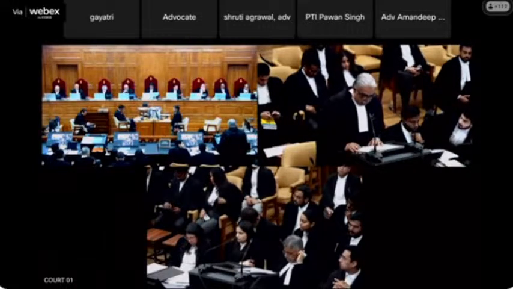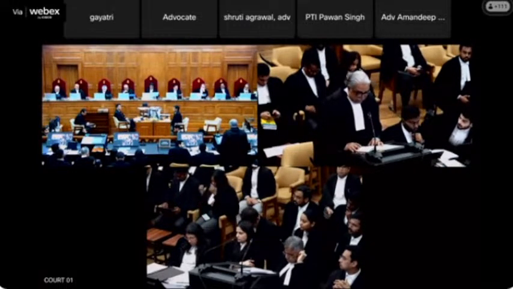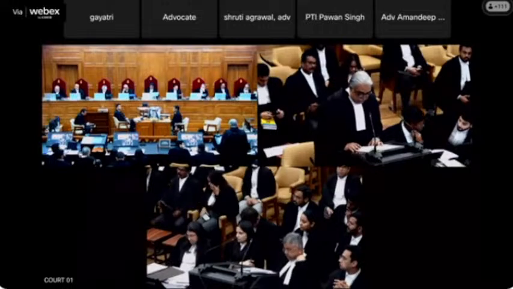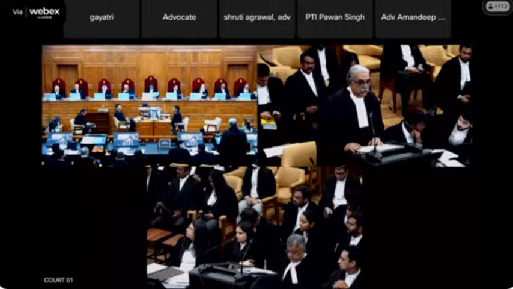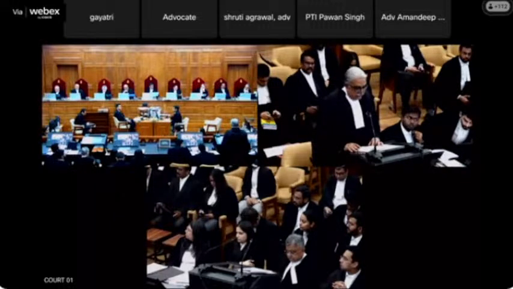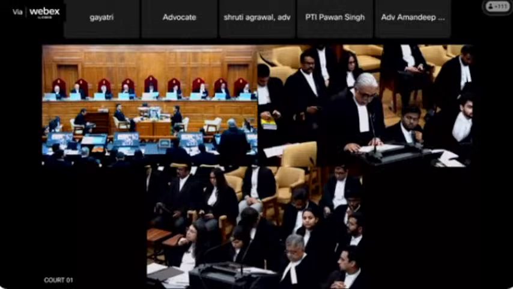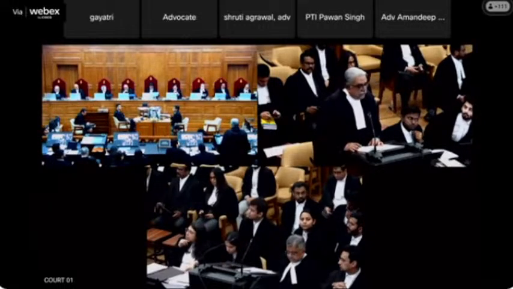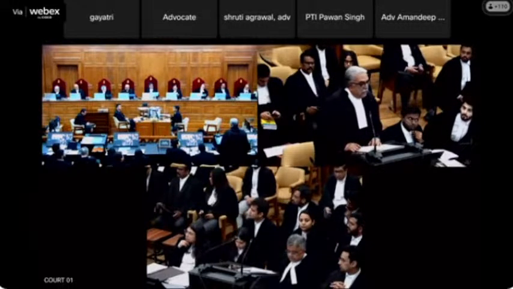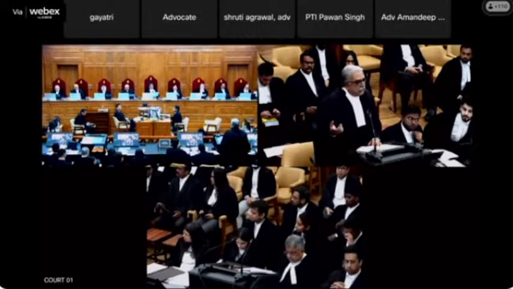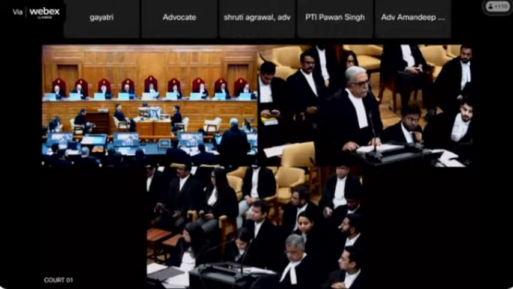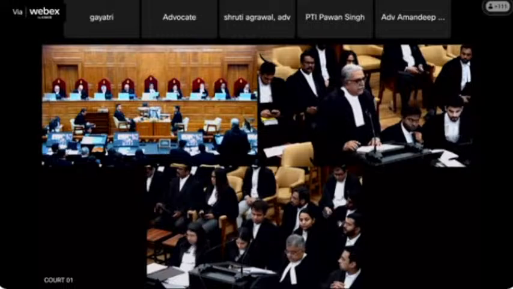My lord, we can conceive of industries which manufacture only extra neutral alcohol and then sell it to a bottling plant. There are many such industries. There are industries, my lord, which only manufacture extra neutral alcohol, but don't take it to the next stage of an Indian-made foreign liquor. They can sell it to any other unit. That is also covered by entry 8.